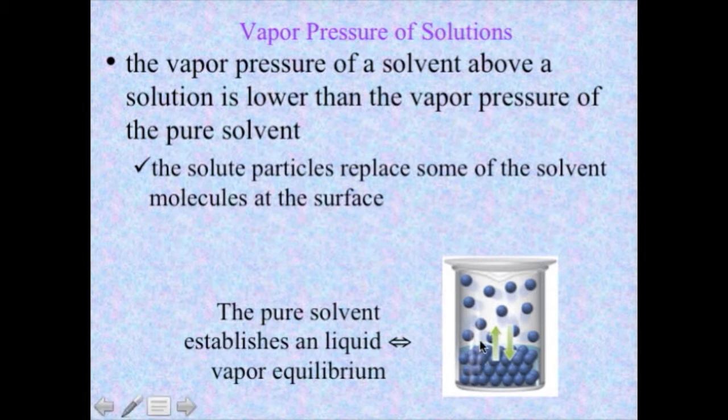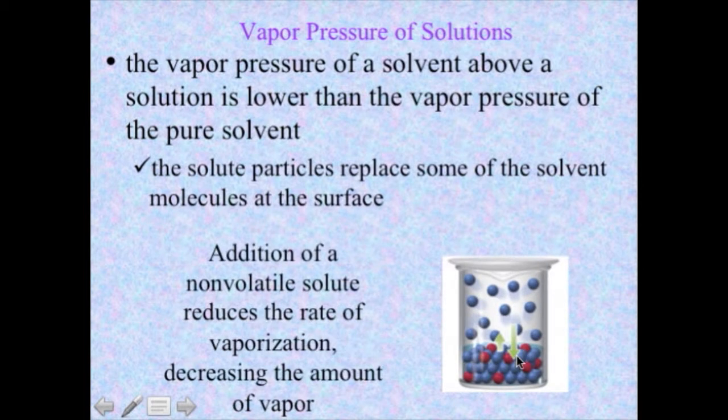Particles are jumping out of the liquid at the same rate they're jumping back into the liquid. And then we add a non-volatile solute like sugar or salt, and that reduces the rate of vaporization because some of the surface particles are now solute particles.